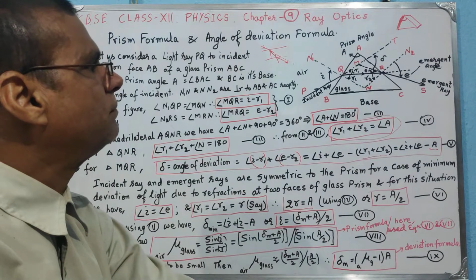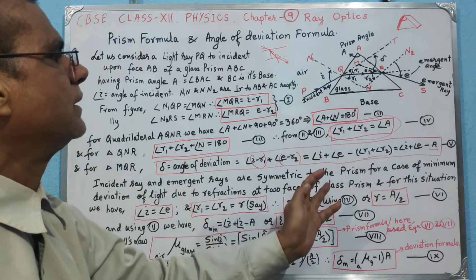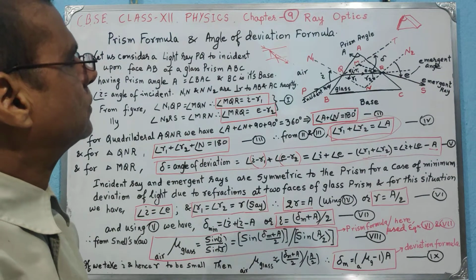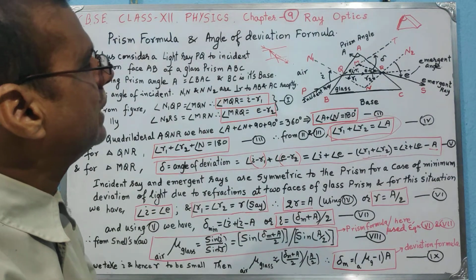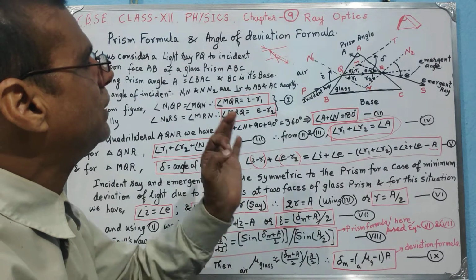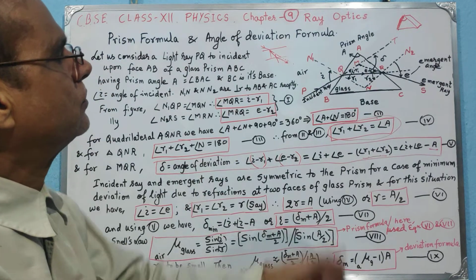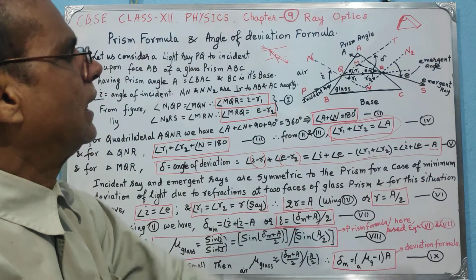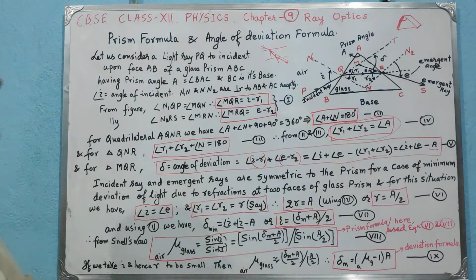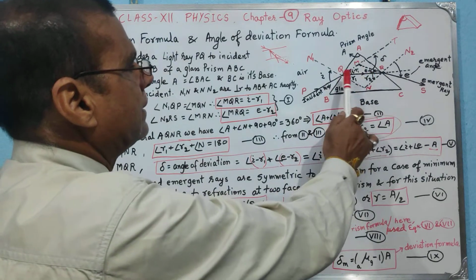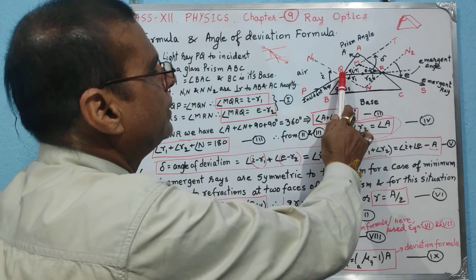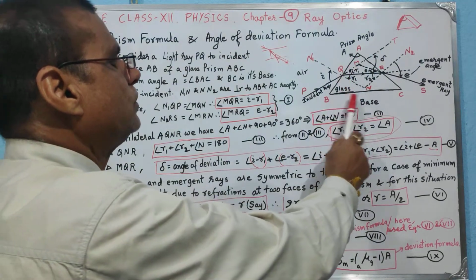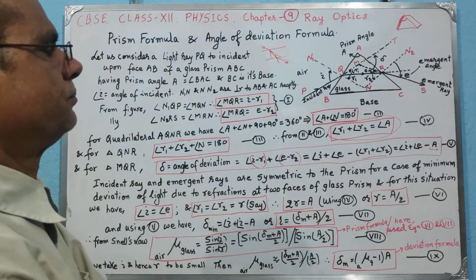And for minimum deviation, we have angle of incidence equal to angle of emergence. So from this we have a clue that to have minimum deviation, angle of incidence must be equal to angle of emergence. And for this situation, the first refracted ray, which is moving within the glass prism, must be parallel to the base of the glass prism.